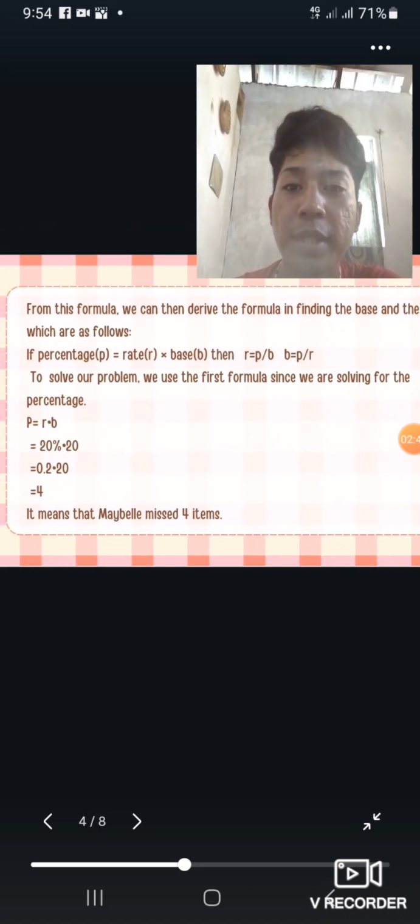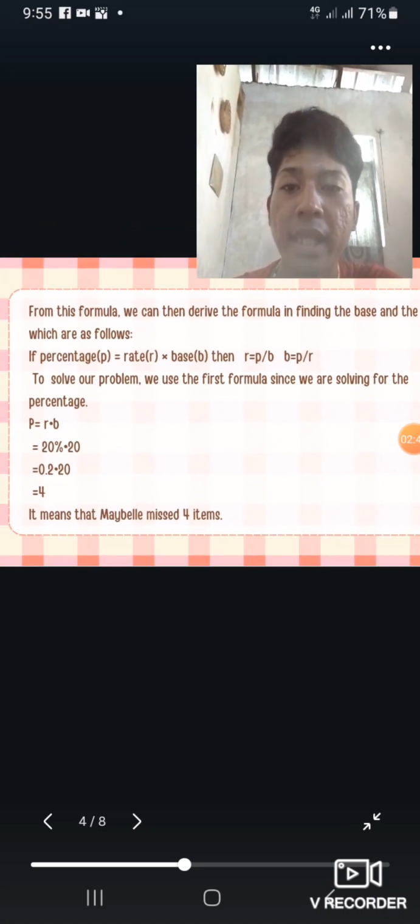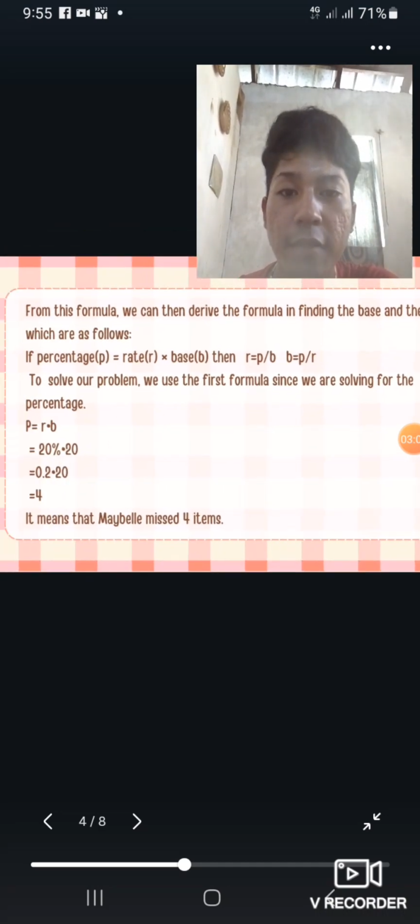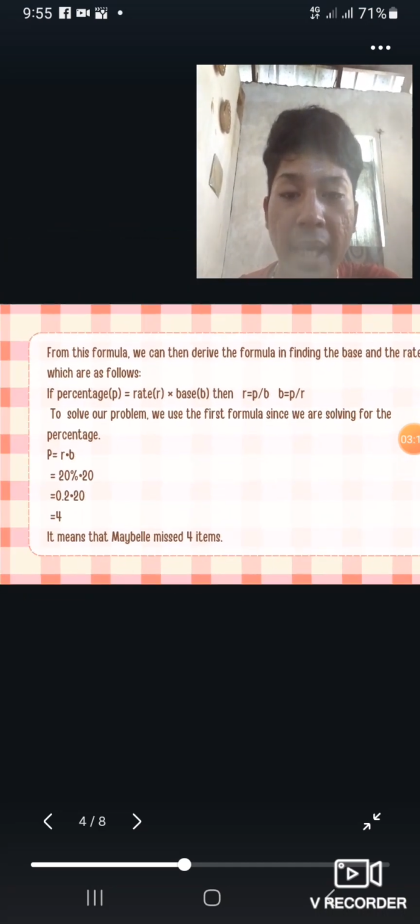So we have percentage: P equals rate times base. Then we have R equals P over B, so that is rate equals percentage over base. We also have a second formula here, that is base equals percentage over rate.